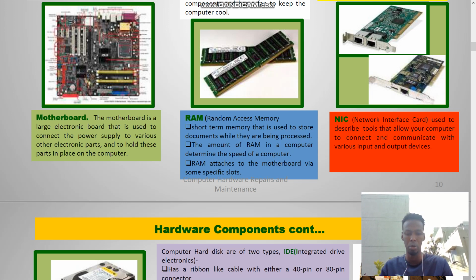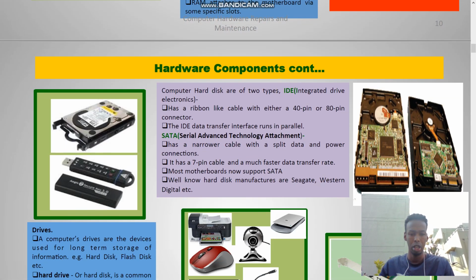The amount of RAM in a computer determines the speed of the computer. RAM is attached to the motherboard via specific slots. A network interface card is a tool that allows your computer to connect and communicate with the various input and output computer components.